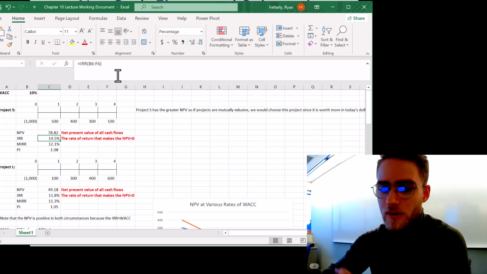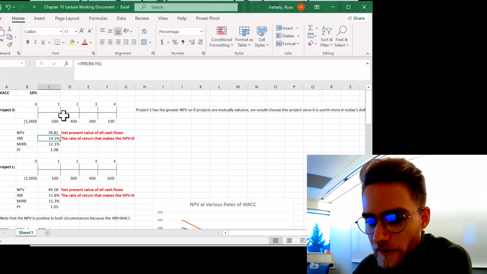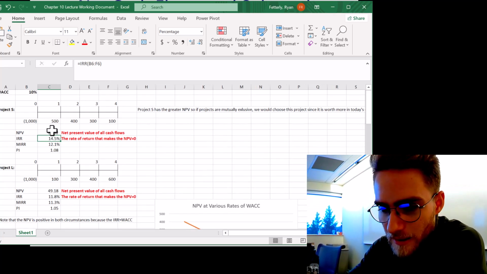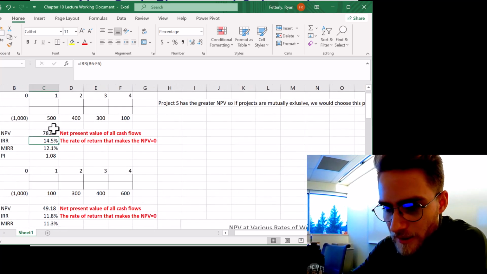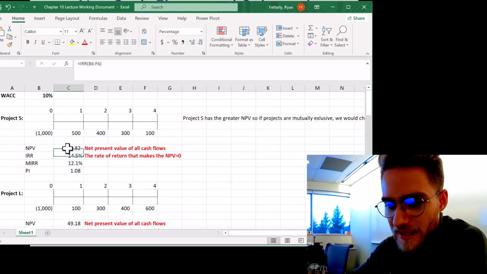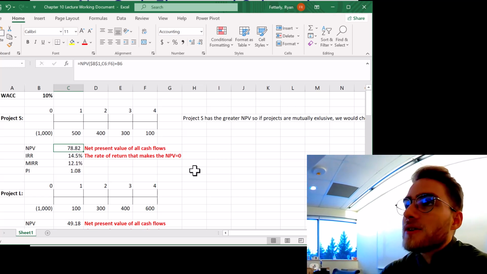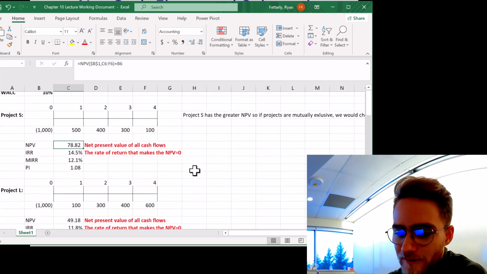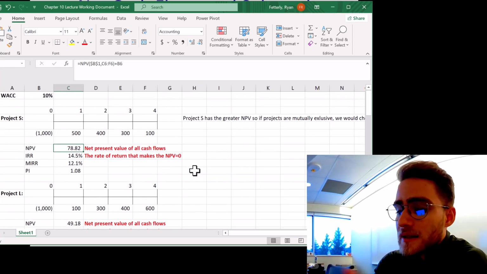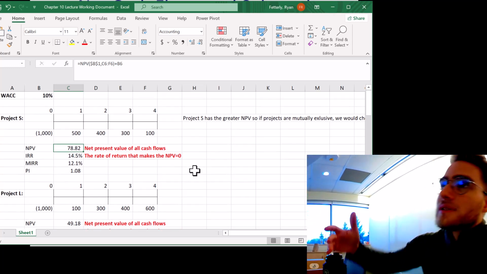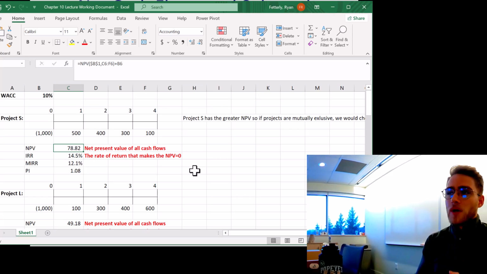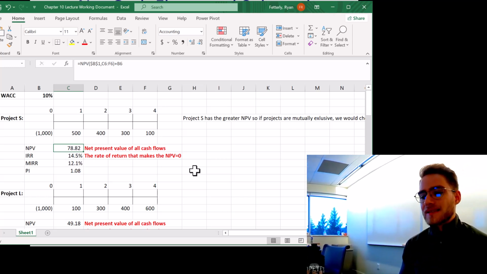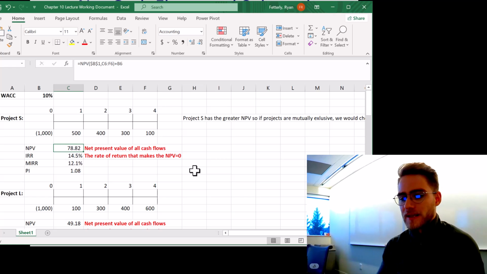So in this case, we do our analysis, and I'll scroll in a little bit here. We find that project S has a present value of $78.82. So by making this $1,000 investment and buying into project S, and if it generates all those cash flows into the future, the value that this project provides in today's dollars is $78.82, okay?